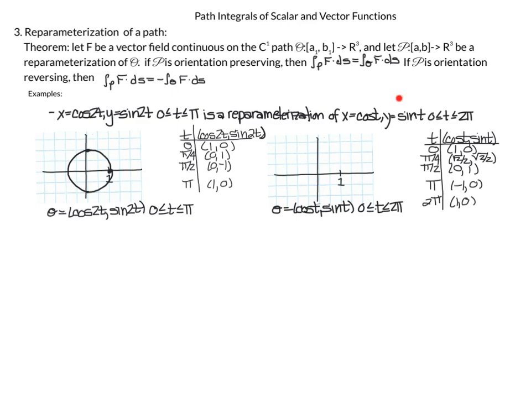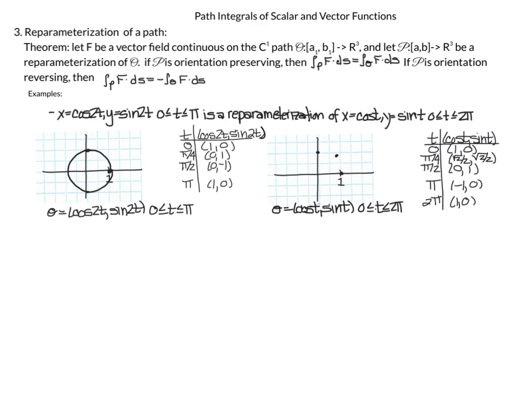Now I can look at my parameterization here where x is equal to cosine of t and y is equal to sine of t. So at t equals 0, I again start off at the point 1, 0. As I progress, t equals pi over 4, I get to square root of 2 over 2, square root of 2 over 2. At t equals pi over 2, I'm going to get to 0, 1.